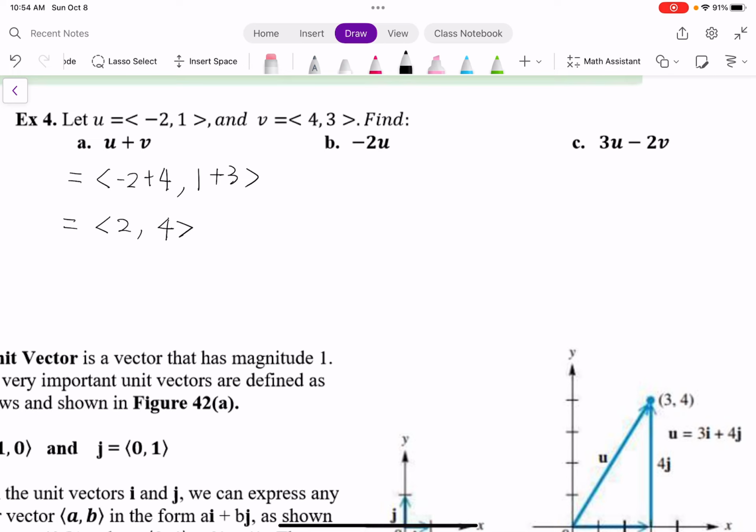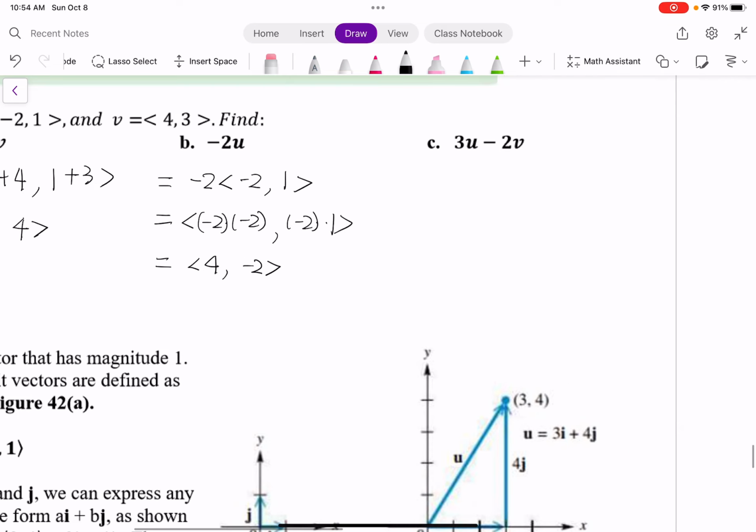All right, let's see the next one. -2 times u, so -2 times -2, 1. We can distribute the -2 inside the vector. So -2 times -2, -2 times 1. We have 4, -2.